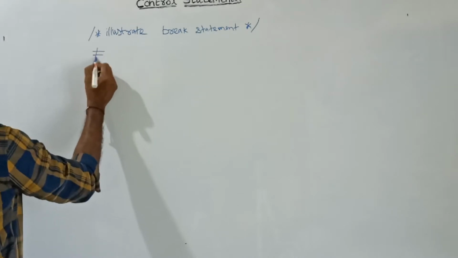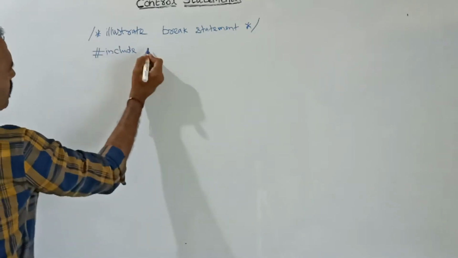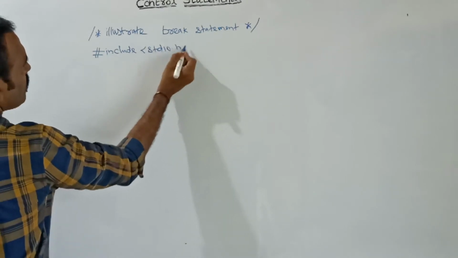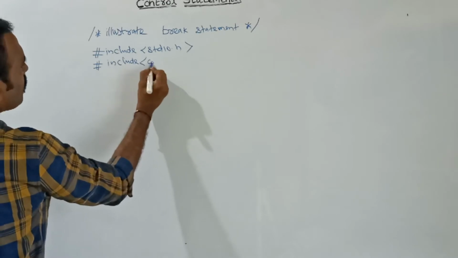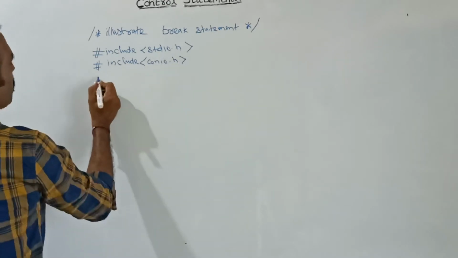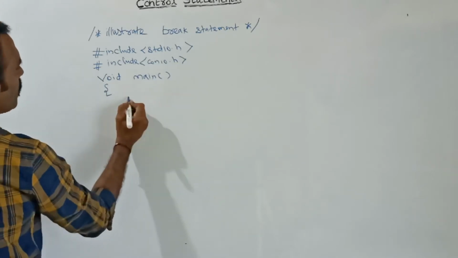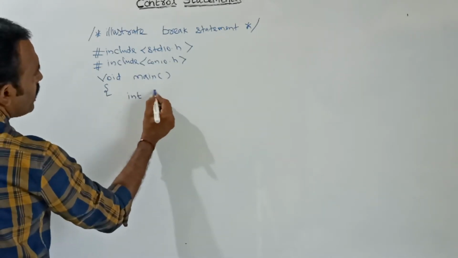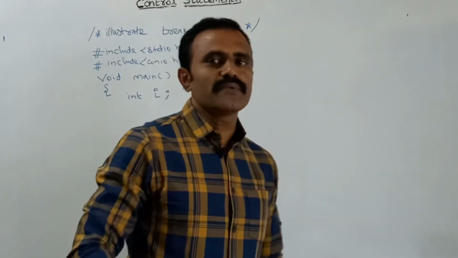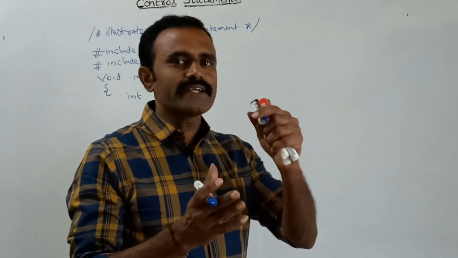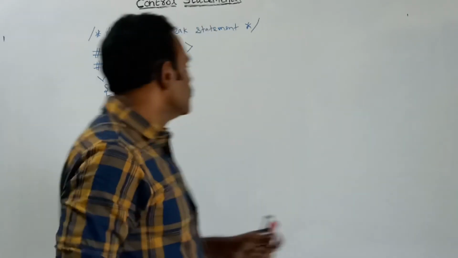Here is the header file. I am declaring an integer variable i. This is a very simple program, we are just going to create a loop and in between break that loop.